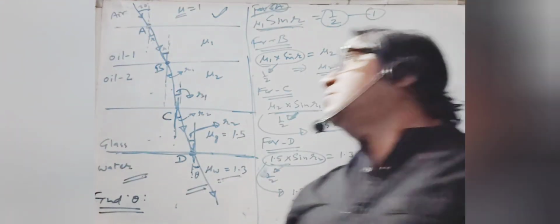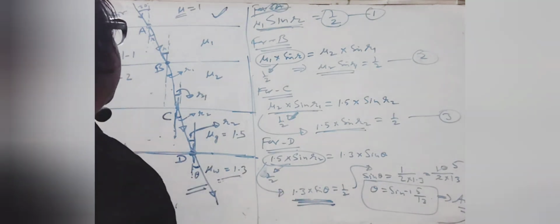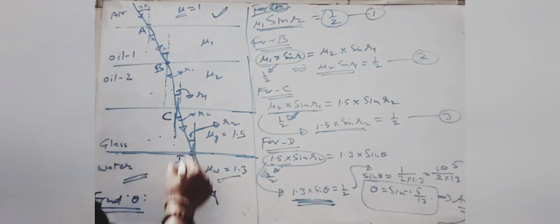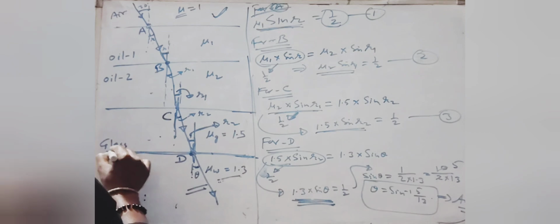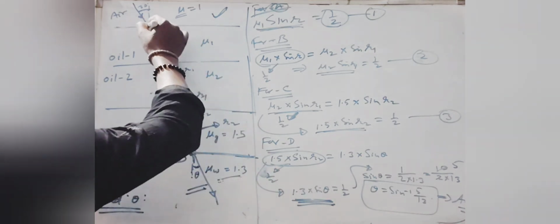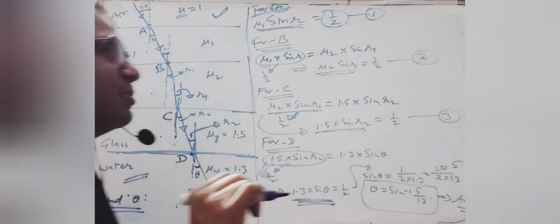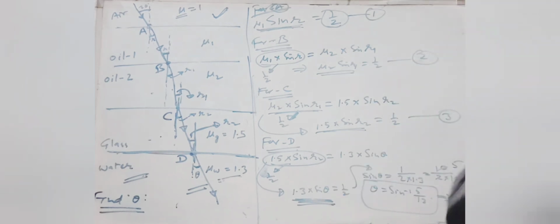So one shortcut you can consider here. You can consider that this D point and A point are a single point. It's a shortcut method, you can understand it and you will find the answer easily. How?